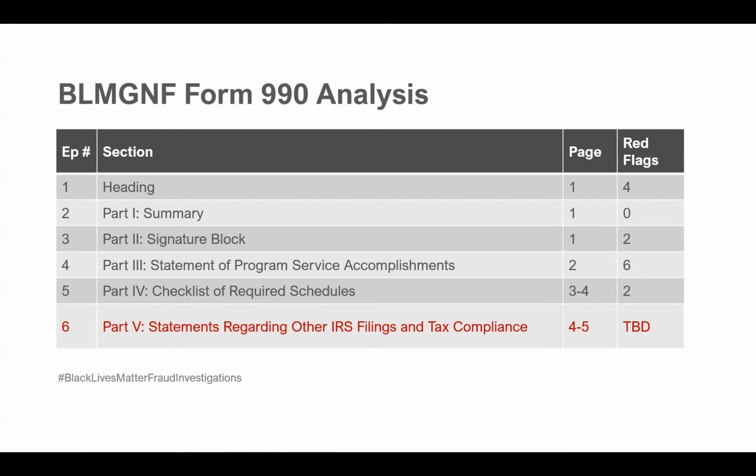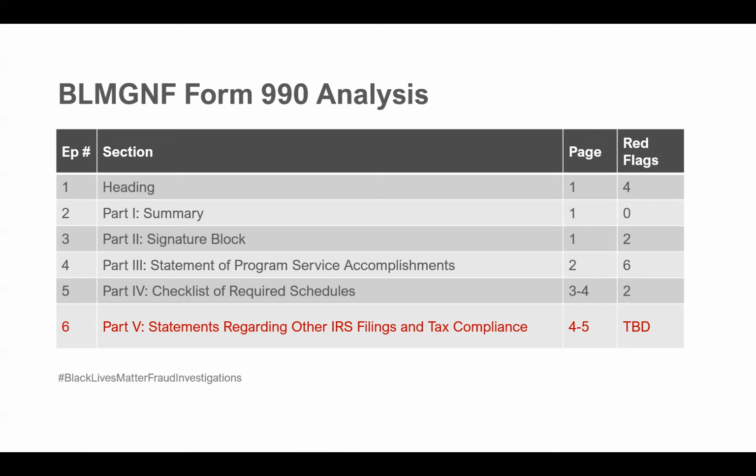Episode number 2 pertained to Part 1, the summary, on page 1, and I didn't identify any red flags that I documented, because I'm going to come back after I've completed the analysis of the entire Form 990 and then fill in the blanks for that section. So that's a to be determined.